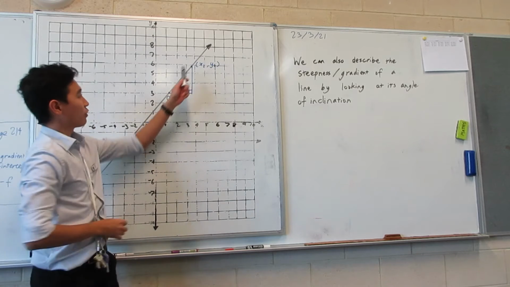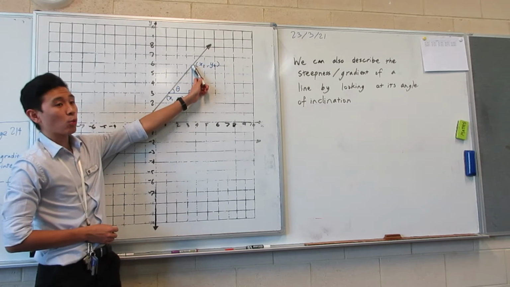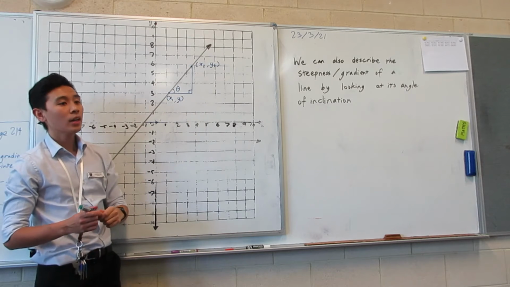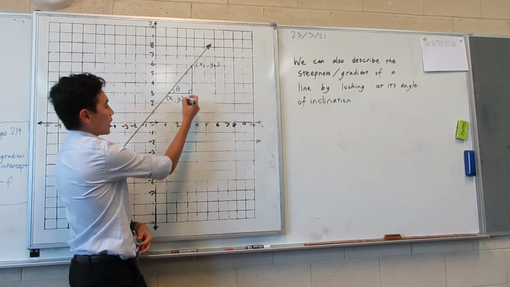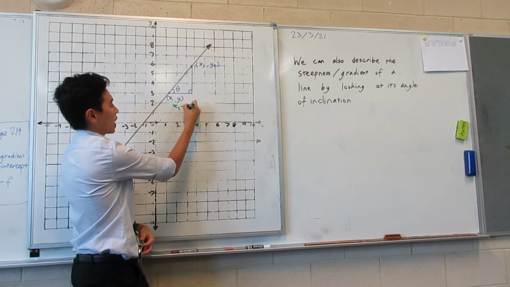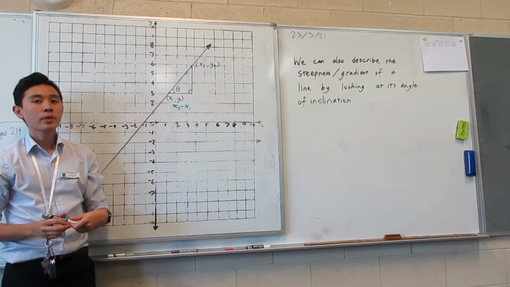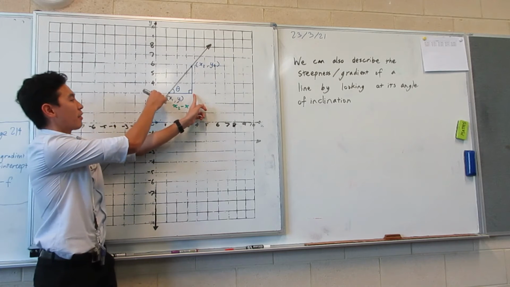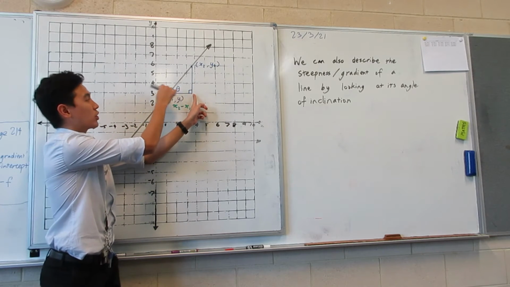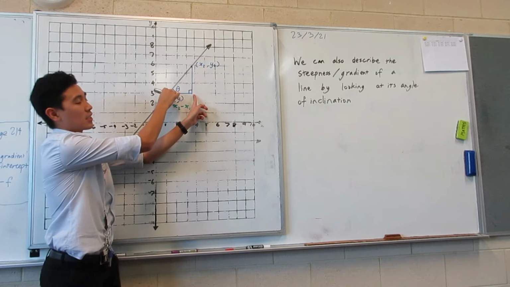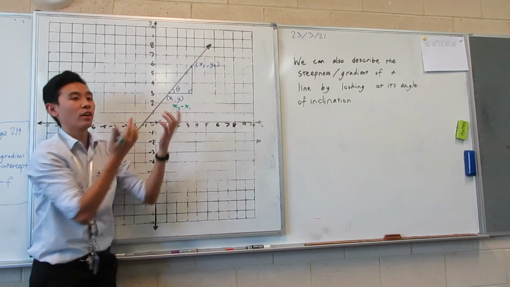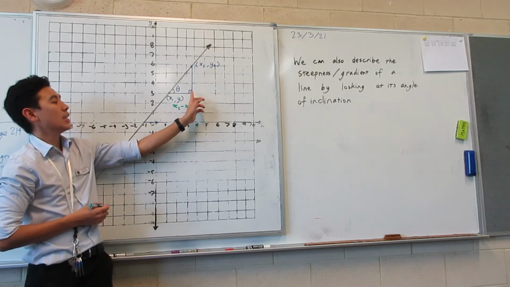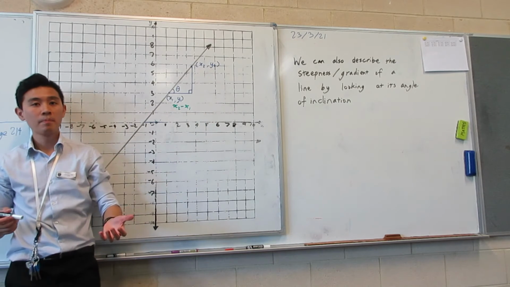If the x-coordinate of this point is x2, and the x-coordinate of this point here is x1, then this length here is going to be x2 minus x1, because however far out this x distance is from the origin, take away whatever this distance is, that's whatever's left over. So the base of your triangle here is going to be x2 take away x1.